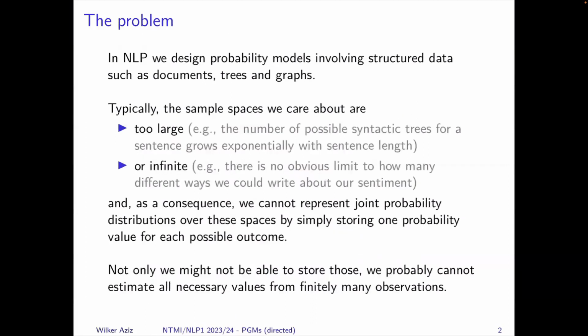So this causes a problem because it's a consequence of either being too large or being infinitely large. We cannot really represent a joint probability distribution over all of the outcomes by simply storing one probability value for each possible outcome. Not only might we not be able to store those things, probability values come from somewhere, typically not from our imagination.